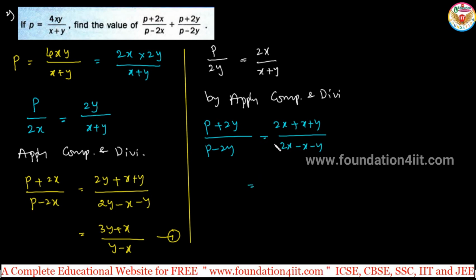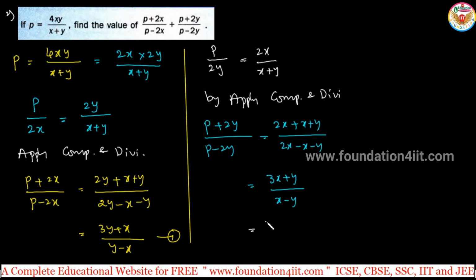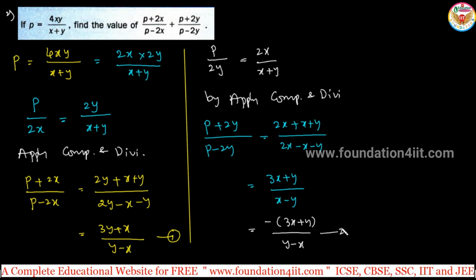Cancel this: 2x plus x, 3x plus y by x minus y. Let this be the second equation. If you write y minus x, you can take minus common, so it is minus of 3x plus y by y minus x. This is equation 2.